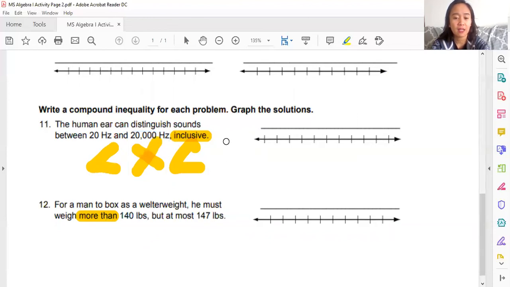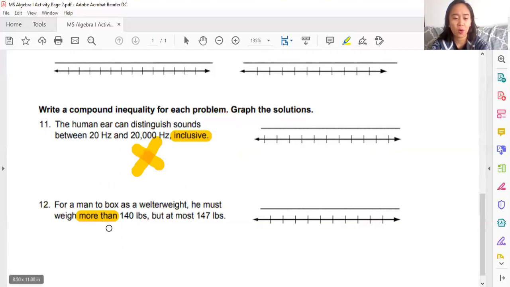So if it says inclusive, take note, you should write that with the equal sign. I just can't write the equal sign. Same with that one, okay? So less than or equal to, and also at the left side.